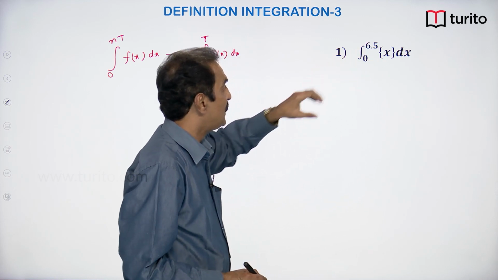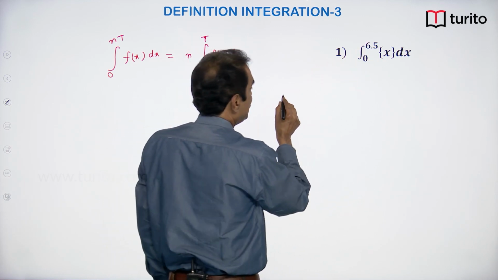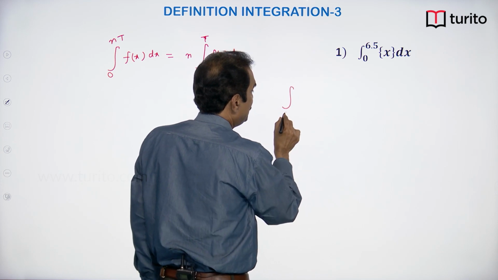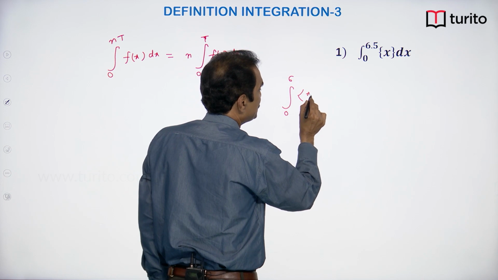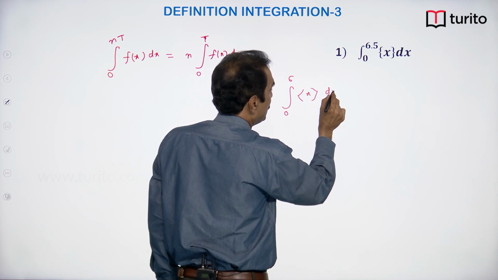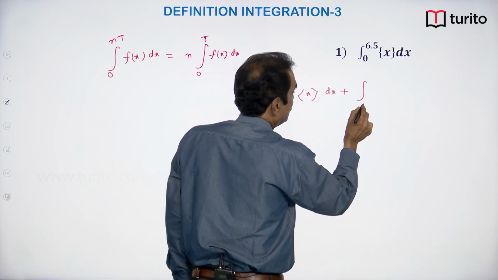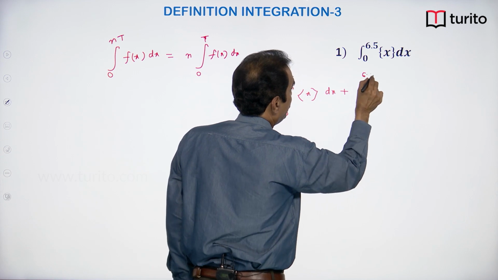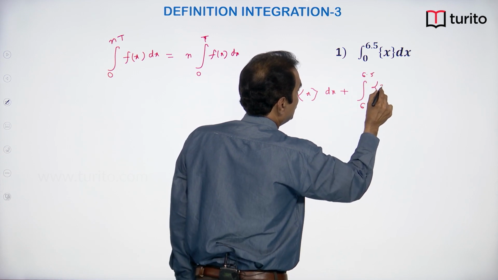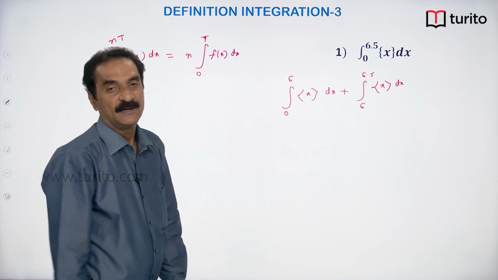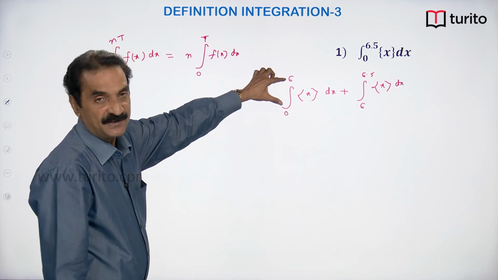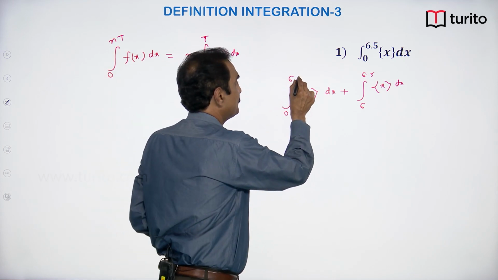So, what we do is we first write it as 0 to 6 fractional part of x dx plus 6 to 6.5 fractional part of x dx. And we can write the upper limit as 6 into 1.